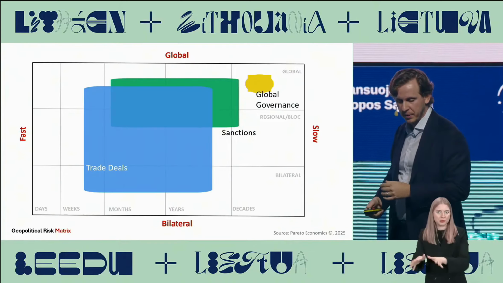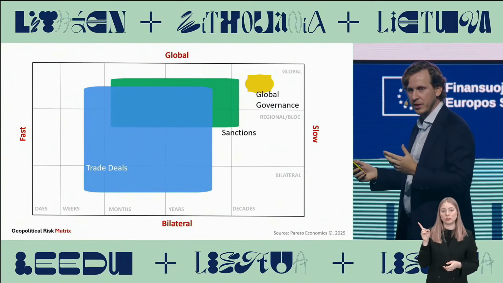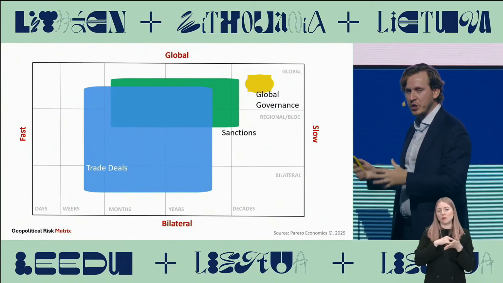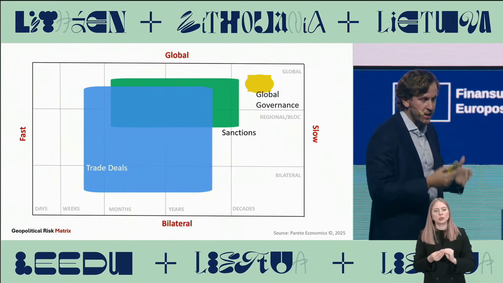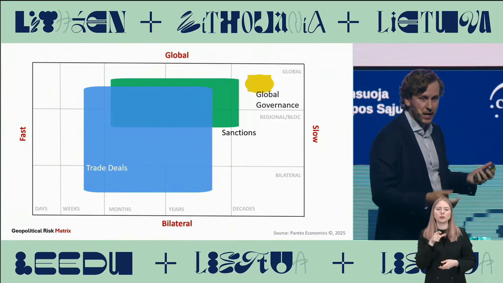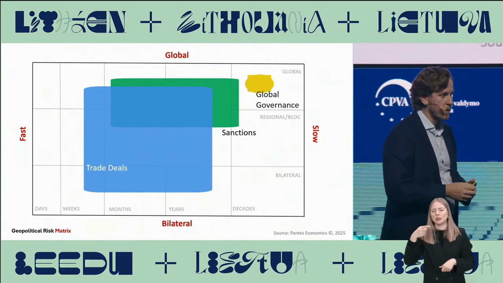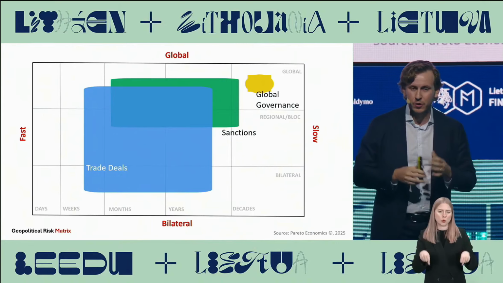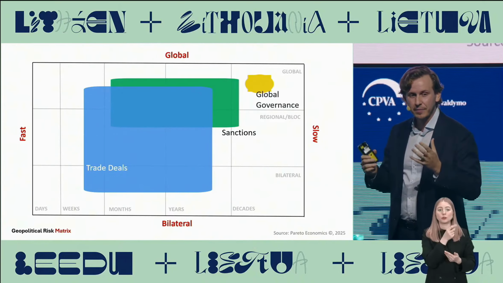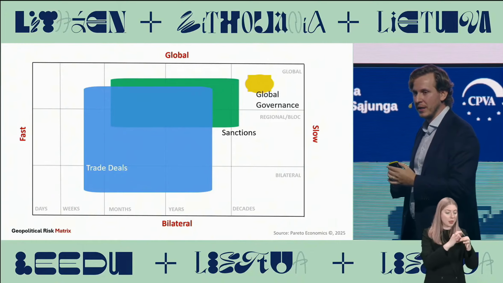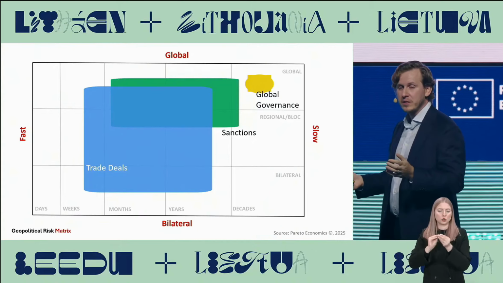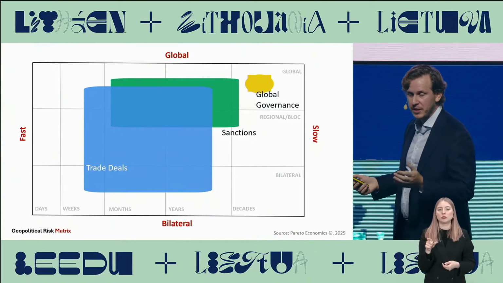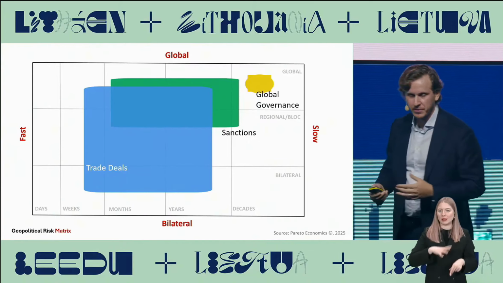Line of sight. Then we have trade deals. Trade deals are much, much larger, much more complex, which take between weeks to years to agree. Some are bilateral, some are blocks, like we have with the EU and other blocks, and some are global, WTO, the GATT in the past, which turned into the WTO. So these things take time to agree and take moments to disintegrate, as we see with the US, for example.